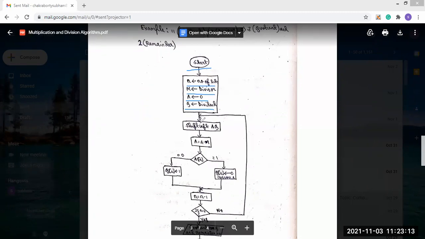Now, after the initialization of A, Q, M, and N, what will we do?